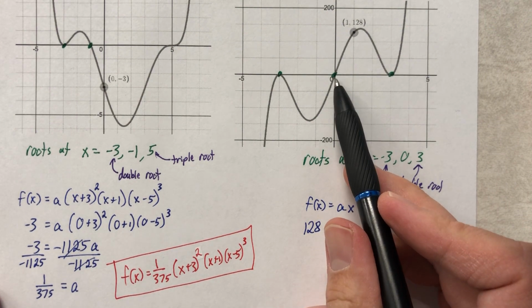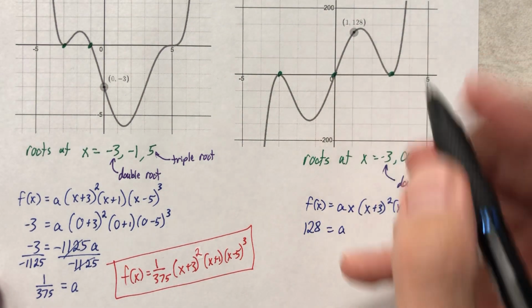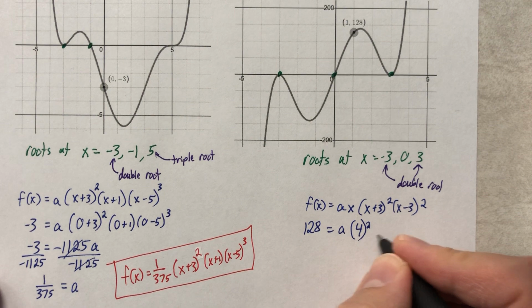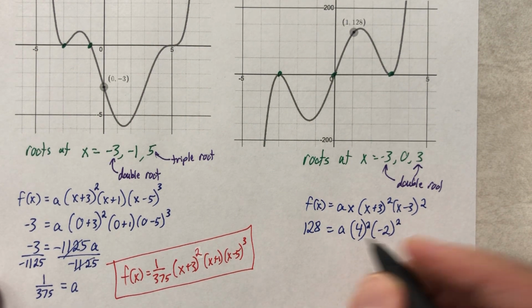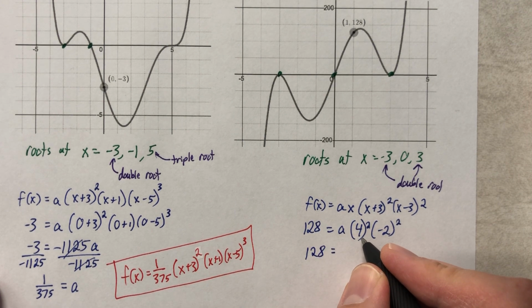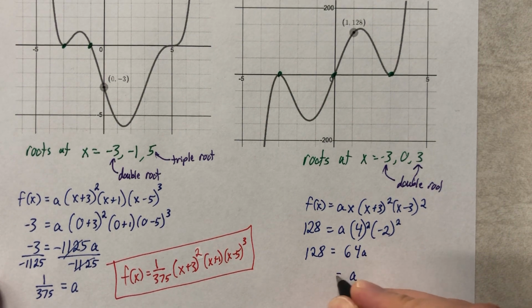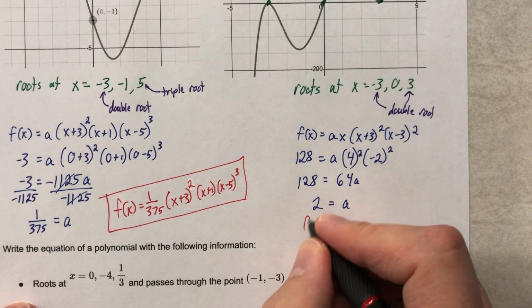Actually, we do have a y-intercept, but plugging in 0, 0 would really not help at all. So plug in a 1, you get 1. Plug in a 1 here, you're going to have 4 squared. Plug in a 1 here, you're going to have -2 squared. And so 128 equals, let's see, that's 16 times 4, that's 64. A is 2. Told you I'd go fast.